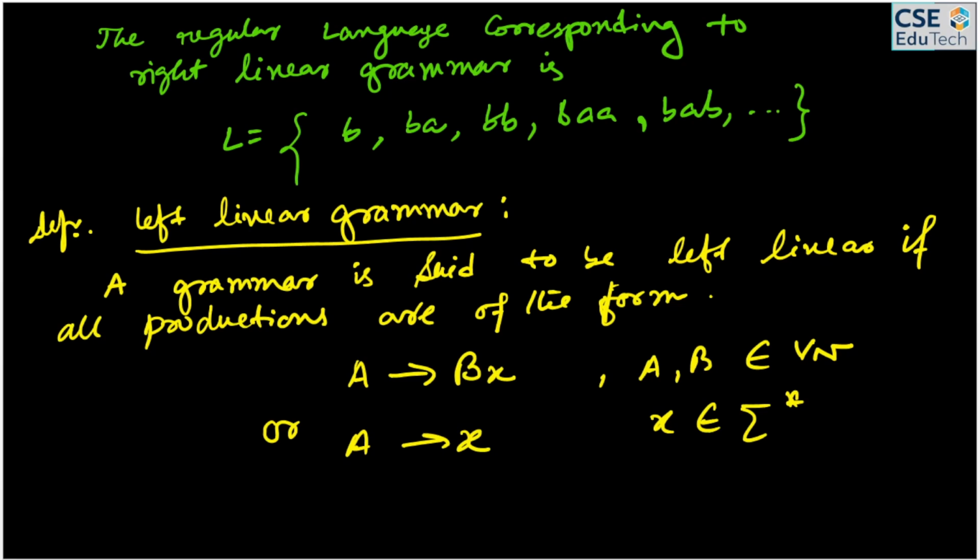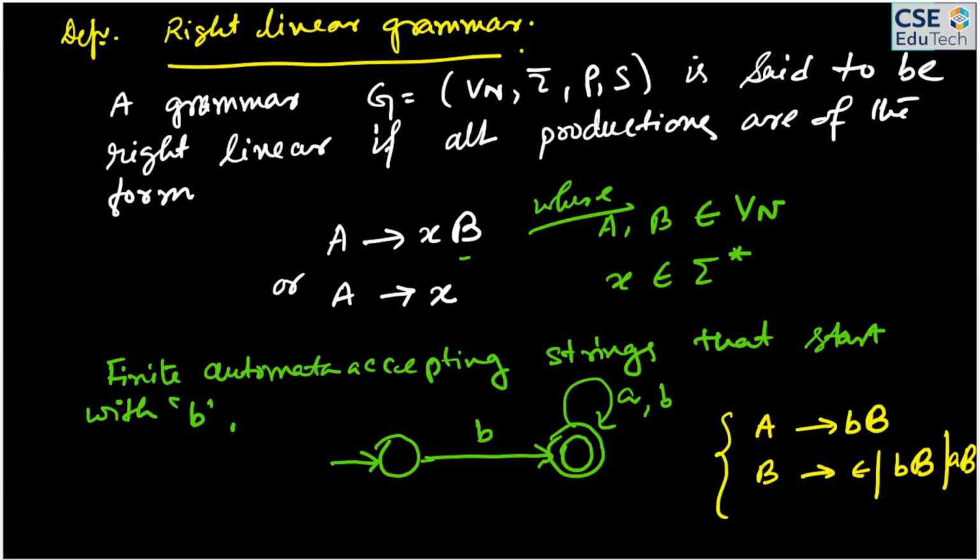Now, if we reverse the productions that we have obtained for this finite automata, what will happen?